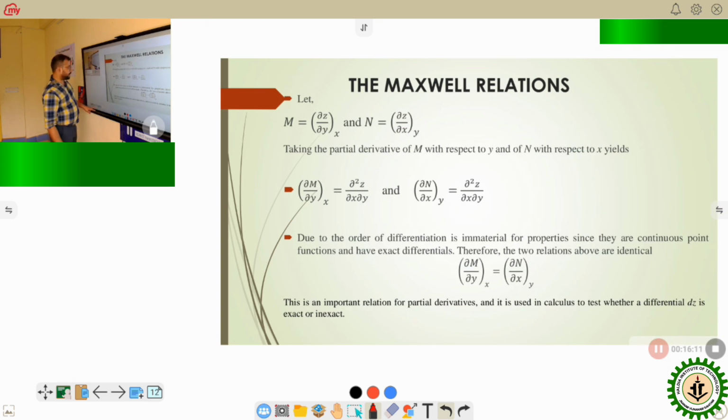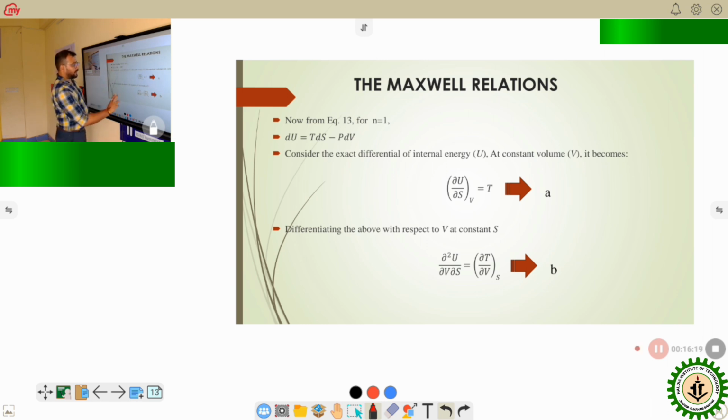And this is the step to determine the Maxwell relations with the help of partial derivatives. The first Maxwell equation we can identify from the first fundamental relation, that is dU equals TdS minus PdV, as n is equal to 1, using the exact differential of U with respect to entropy at constant volume, and with respect to volume at constant entropy.